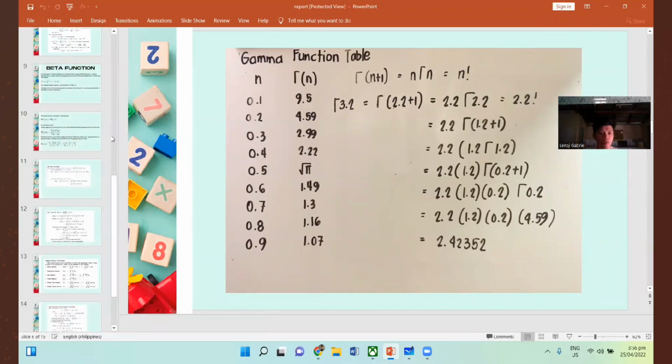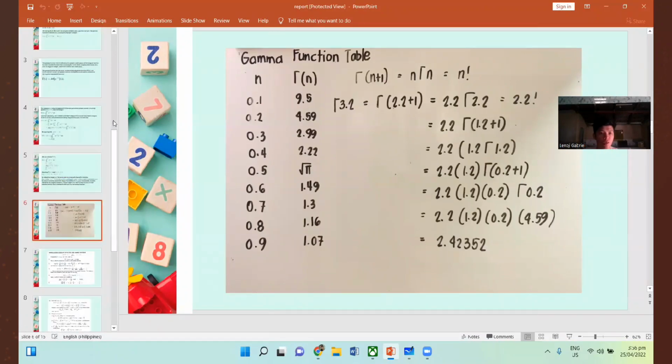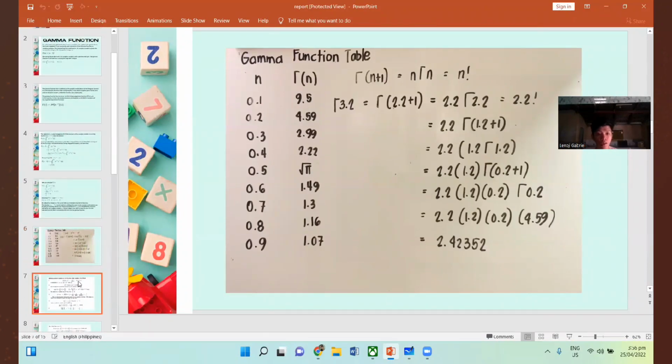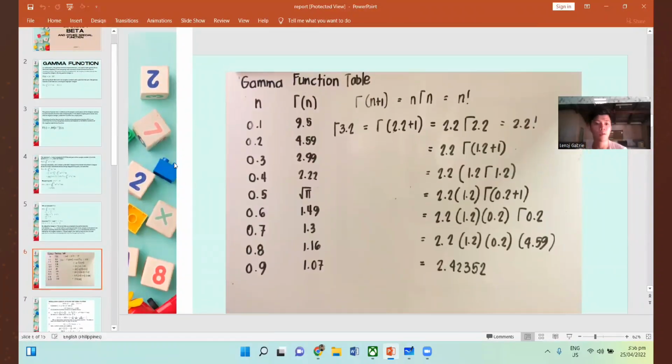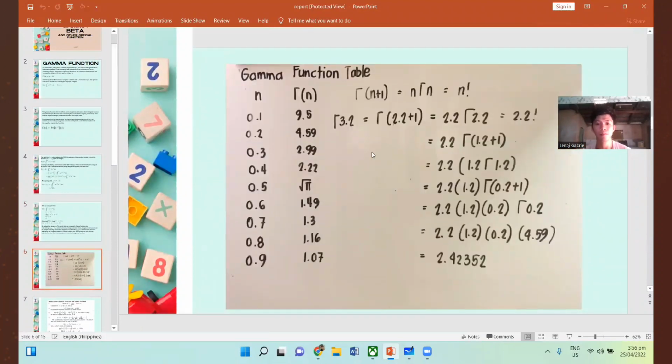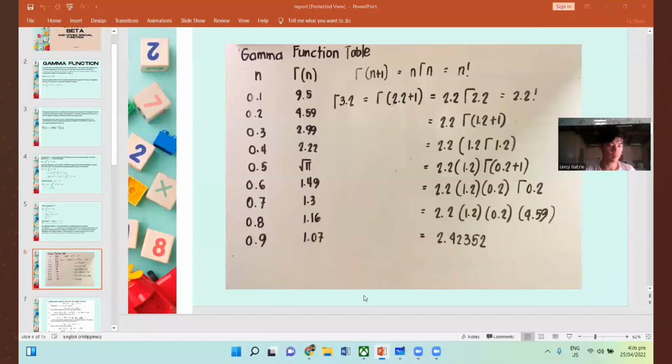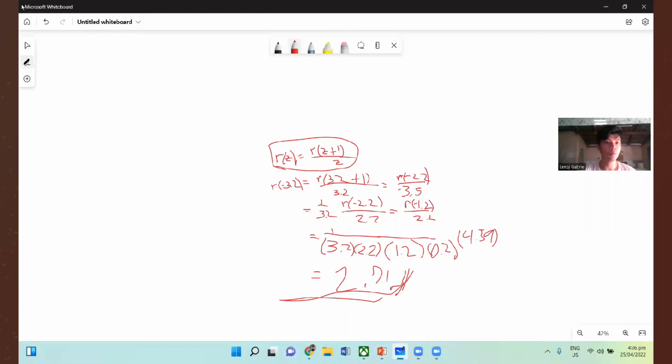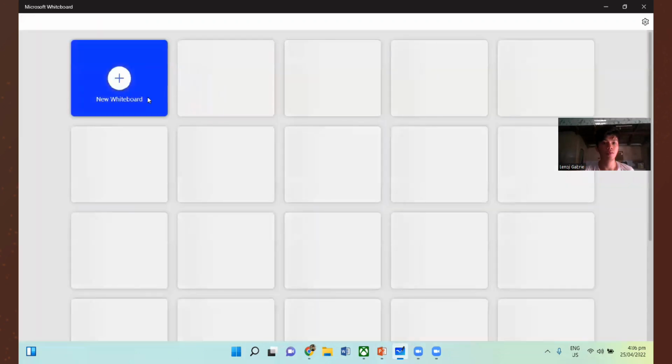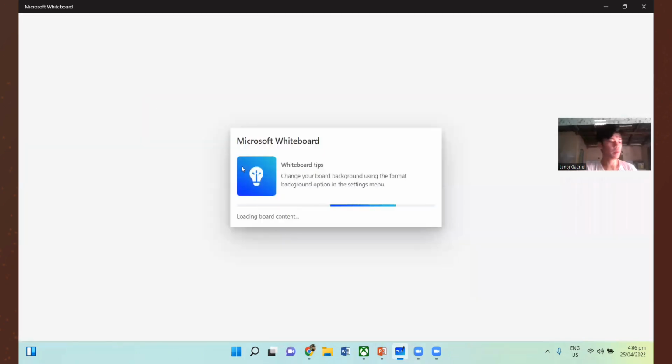So we now proceed to the examples given for this gamma function.